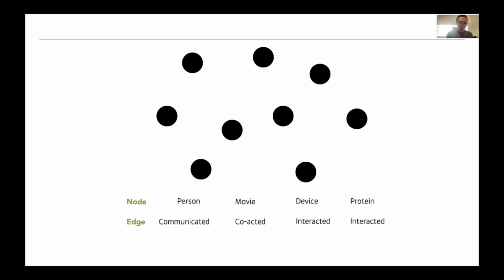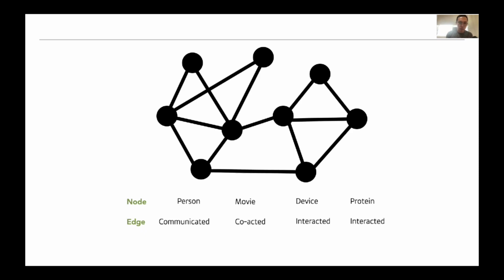What if we consider that there exist edges between persons, movies, devices, and proteins? An example could be communication: whether two persons communicated or not.